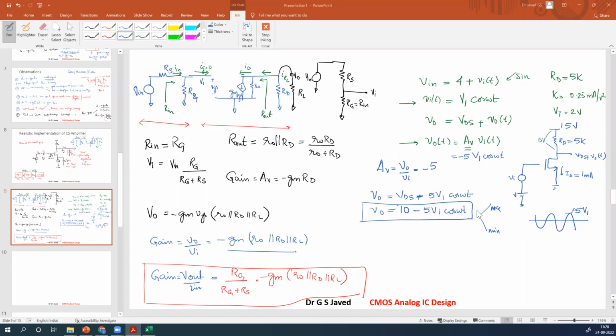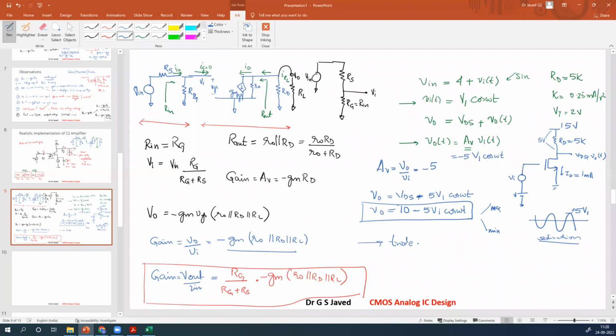This will be the maximum input in saturation region. Now, the moment this device goes out of saturation, it will go into the triode region. And the moment the device goes into triode, this ID equation will fail. So ID equation will have channel length modulation incorporated.